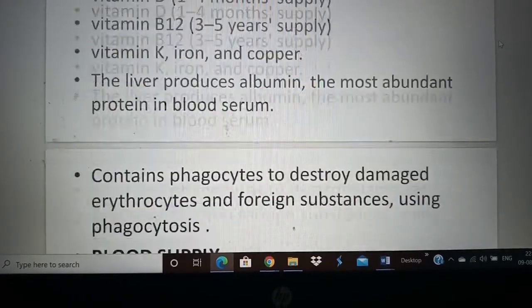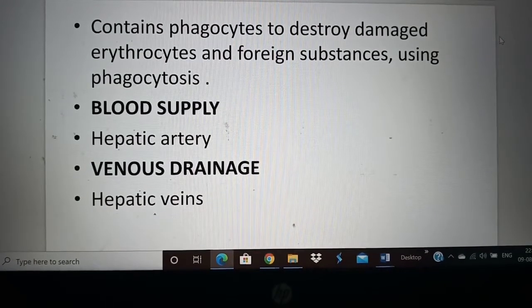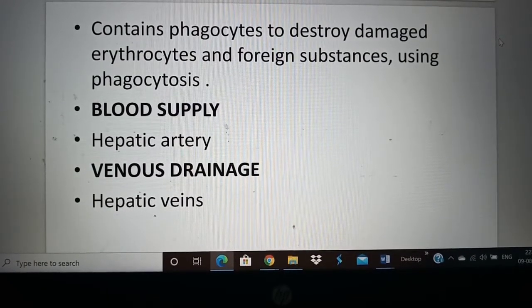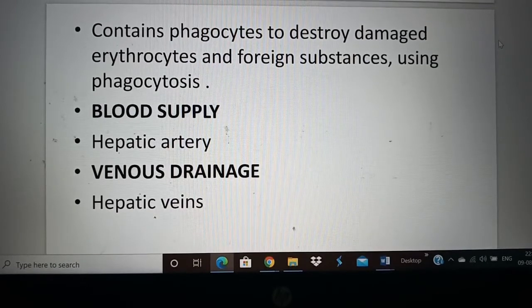It contains phagocytes which destroy damaged erythrocytes and foreign substances using phagocytosis. Phagocytosis is the process of destruction and killing of these erythrocytes. Now the blood supply is through the hepatic artery and the venous drainage is through the hepatic veins.